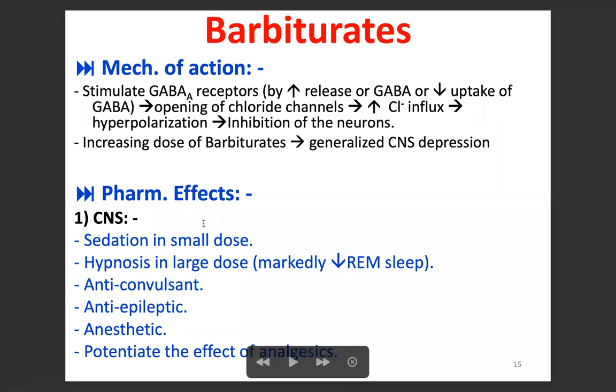So for the barbiturates, the dose is very important. What are the pharmacological effects? Sedation in the small amount, and hypnosis in the large amount. As I told you before, the sedatives in a large dose may act as hypnotics, and hypnotics in a small dose may act as sedatives.